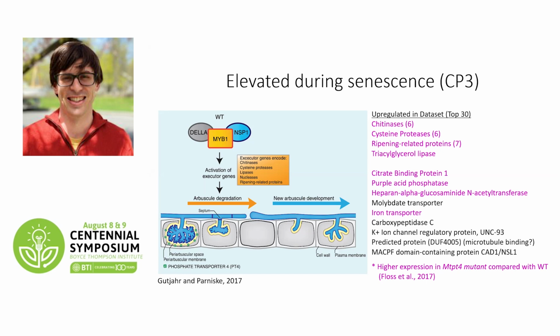And then we also see a good overlap with one of our previous studies in the lab, which used a PT4 mutant, a phosphate transporter mutant, which created a lot of degenerate arbuscules in the plant. So a lot of what we saw at the whole root level is recapitulated at this individual cell level. So we know that this is happening inside these cells. We also have a bunch of other genes that we can go look at and try to infer what's going on in that plant.